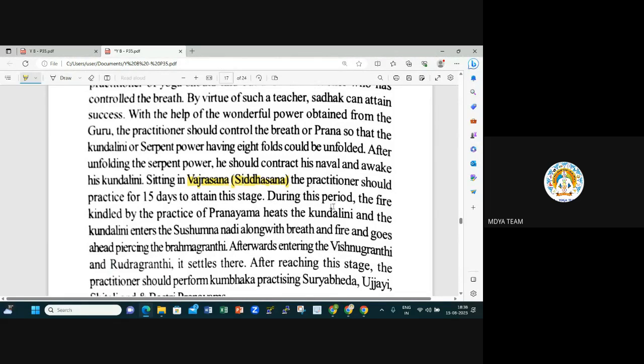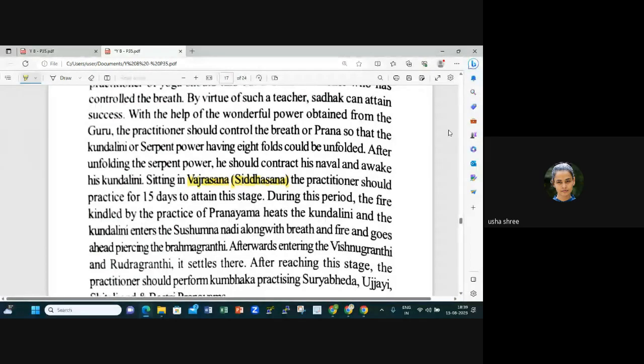Okay. And during this period, the fire kindled by the practice of pranayam heats the Kundalini, and the Kundalini enters the Susumna Nadi along with breath and fire and goes ahead pressing the Brahma Granthi. Okay. I hope you know the three Granthis are there. What are they?